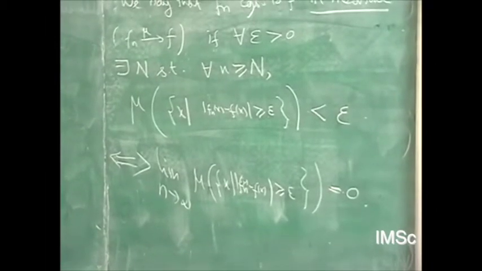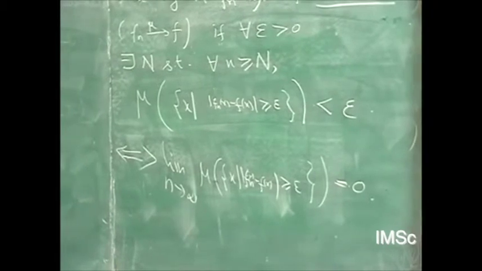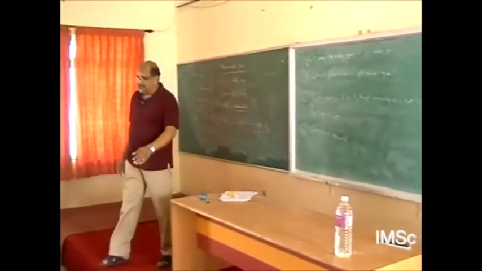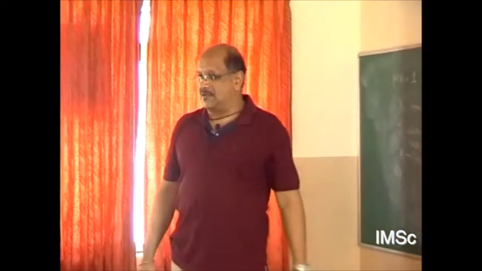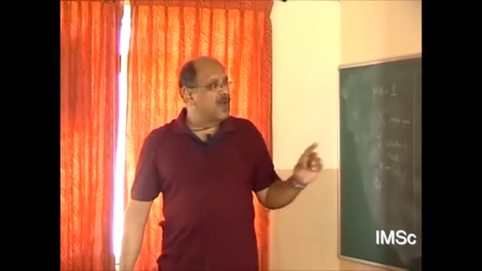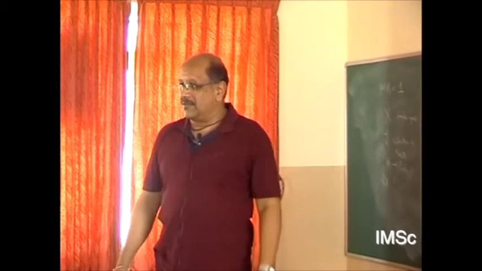Which one? This is stronger. This means it converges at all points. In fact, if you have convergence in measure, it may not even converge at any point. I'll give you an example now. Okay? But if you have a set of finite measure, then it will see all this.